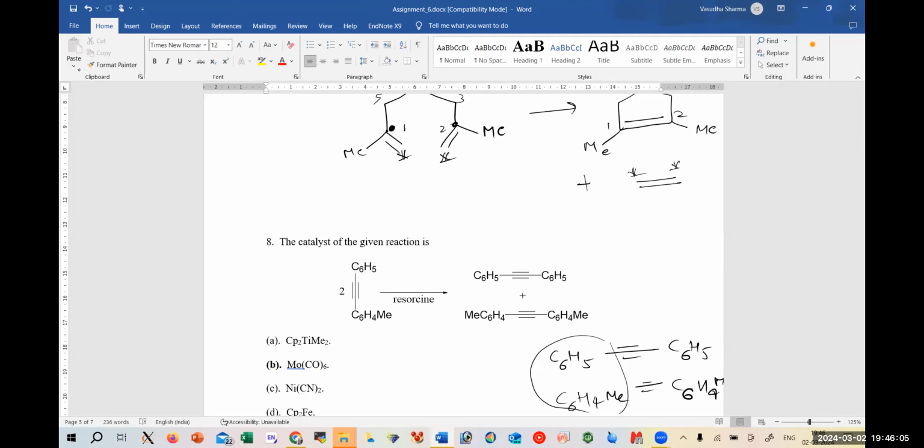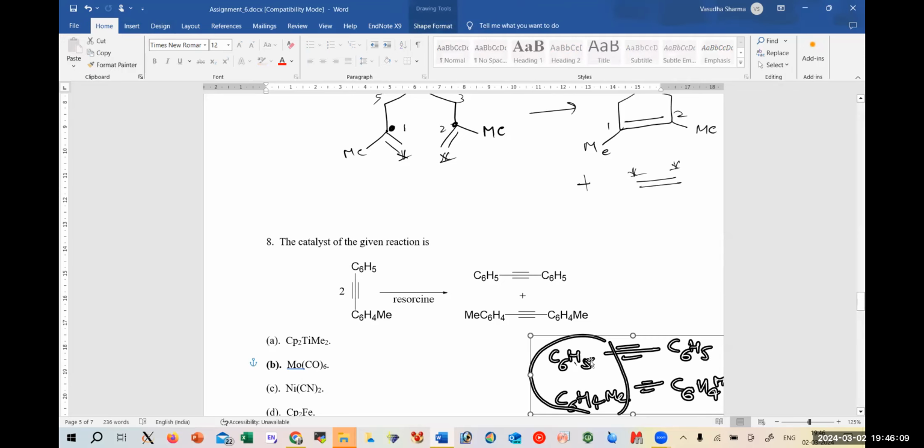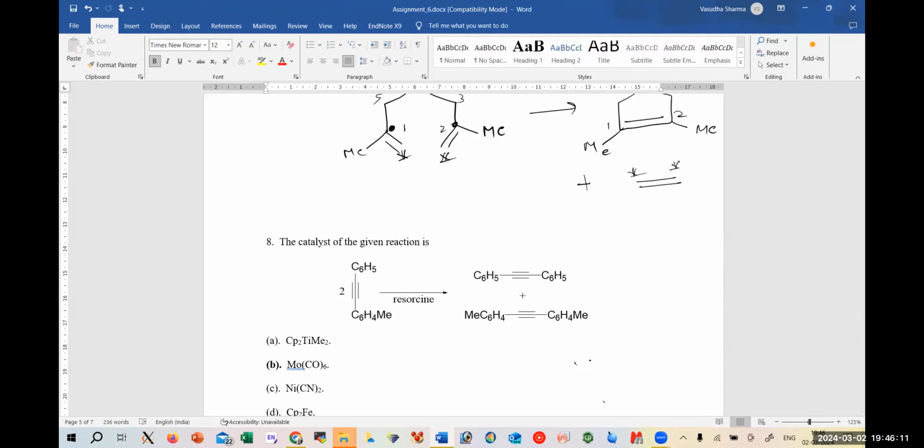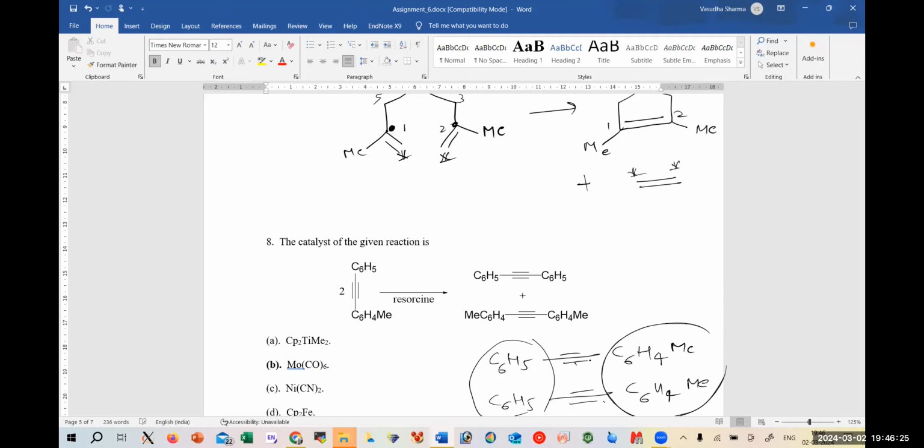So if we are having C6H5 triple bond C6H4Me, and similarly other side also the 2 units we are taking, so they would give you a self metathesis product, which is C6H5, C6H5, and C6H4Me.